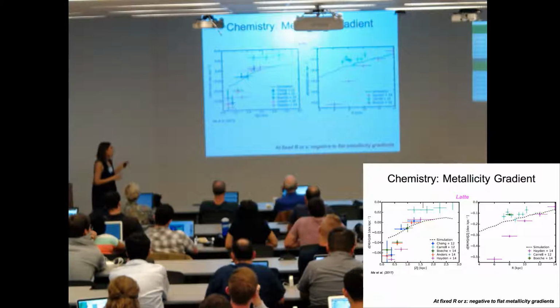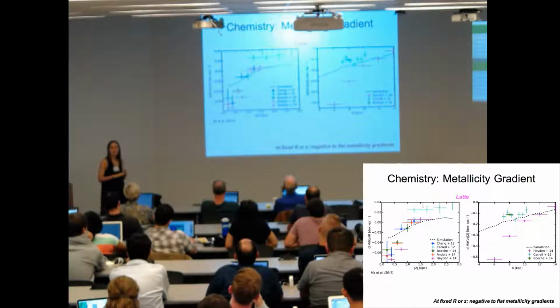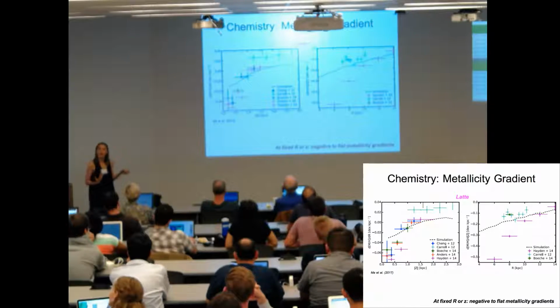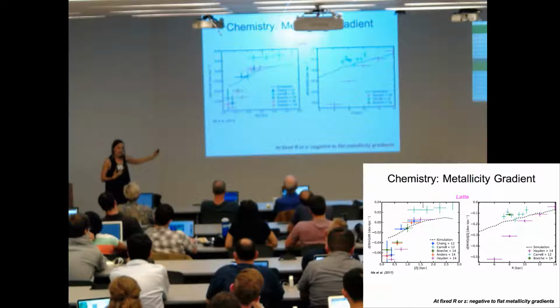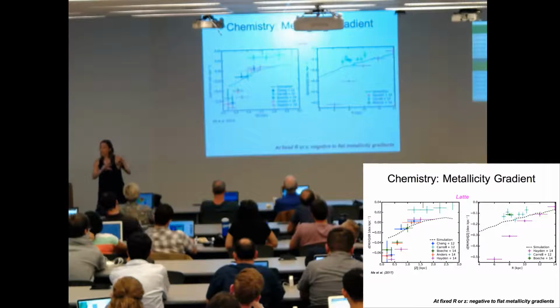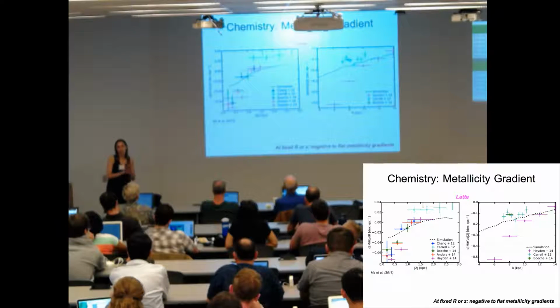Either way, we see that the trends in the simulation, shown in the dashed lines here, match the observational data very well. That is, at fixed radius or at fixed z, you see roughly a negative or flat metallicity gradient, depending where you look, and we're matching the overall observations of the Milky Way particularly well.